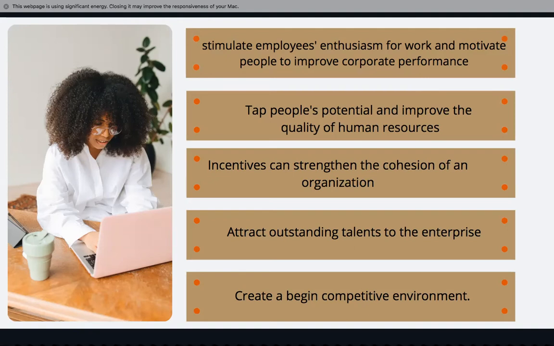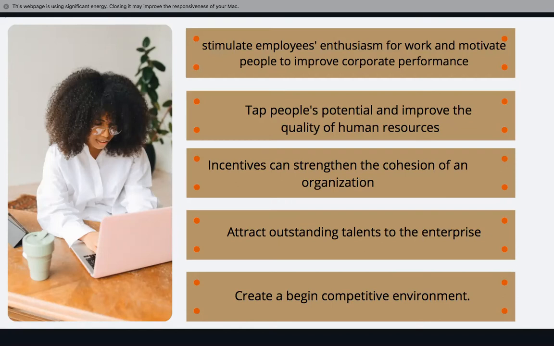Third, incentives can strengthen the cohesion of an organization. Behavioralists have discussed through research and investigation that an individual behavior can lead to a limited or current group behavior. Motivating employees is an important factor in maintaining harmonious and stable labor relations in the workplace.